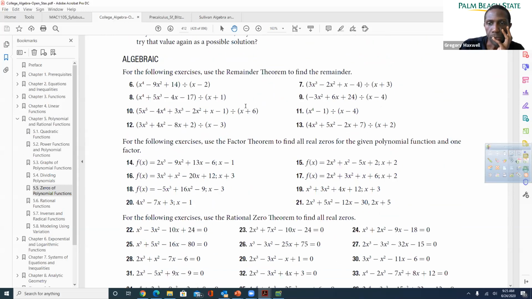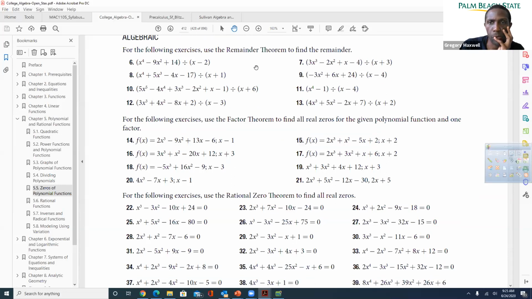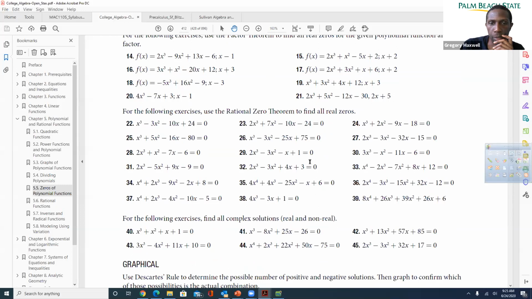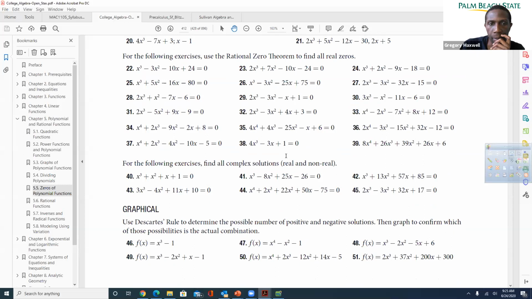I'm not going to do the divisions, but you can use the remainder theorem to find the remainder, and then find all rational zeros and complex zeros. We're going to do a few of those when we come back from the break.